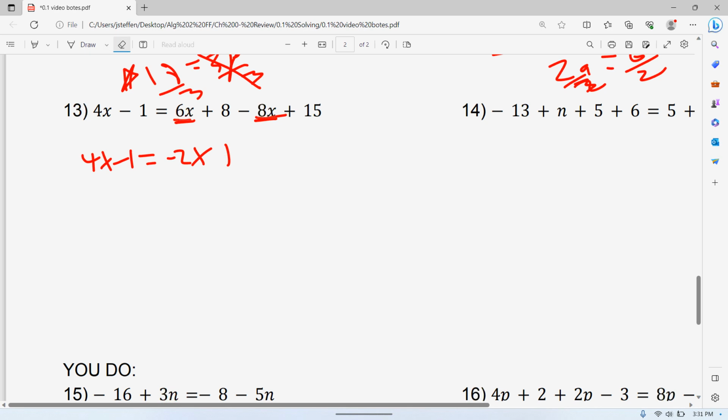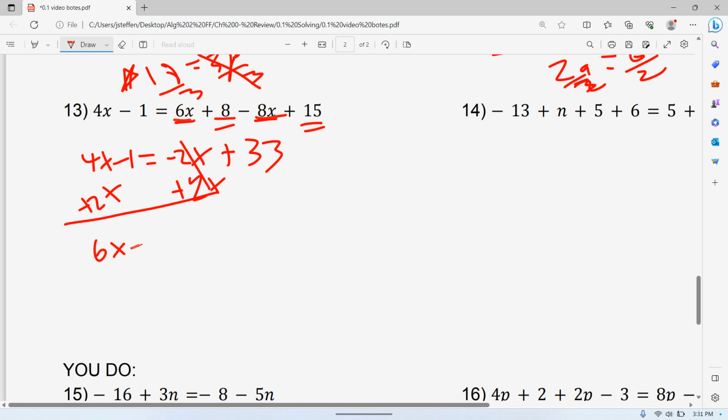Combined, so that is 8 and 15 is 33. 6x plus 1 is equal to 33. Divide both sides by 6.